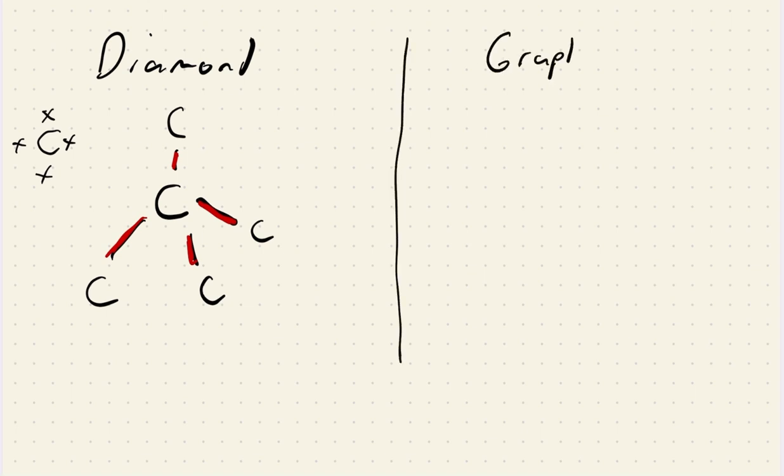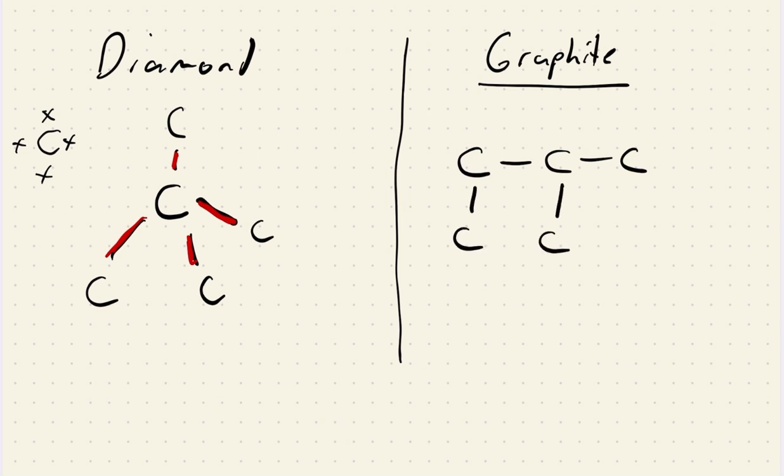Graphite is different. Graphite you often see drawn like this, and it's bonded to 3 other carbons each. So if you look at this central carbon here, it's bonded to 3 other carbons. That means it has a 4th electron that's free to move and carry a charge. So diamond doesn't conduct.